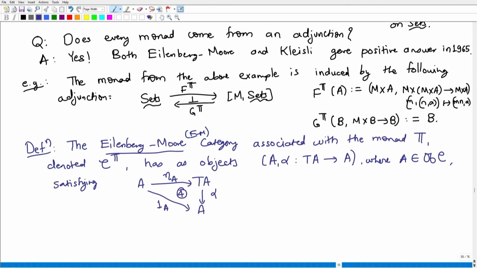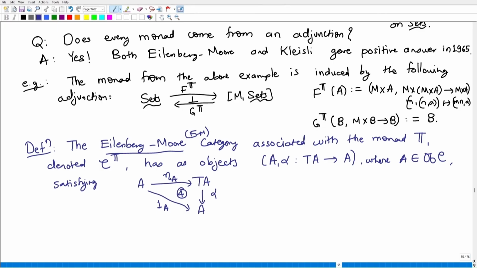So what does this particular thing say? This is diagram number 4. What does it say? So the name for this is that A is an algebra with algebra operation alpha. Okay, so (A, alpha) is called a T algebra.